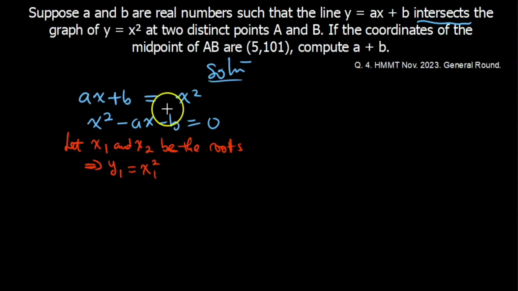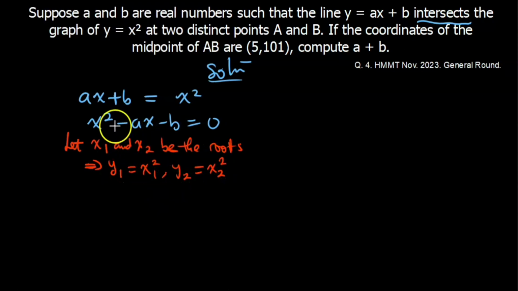Why is that? When we get the values of x that make these two curves equal, the corresponding y value can be found using either equation. I prefer the second equation, which is the square of the x value. Then the corresponding y2 will be x2 squared. So without solving, that's what we assume.